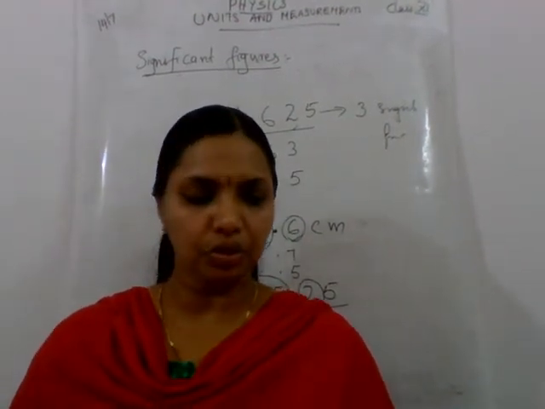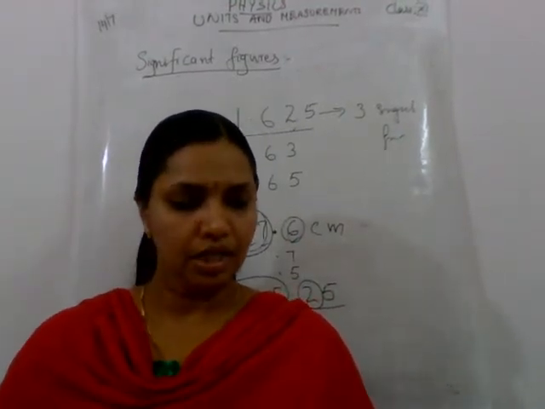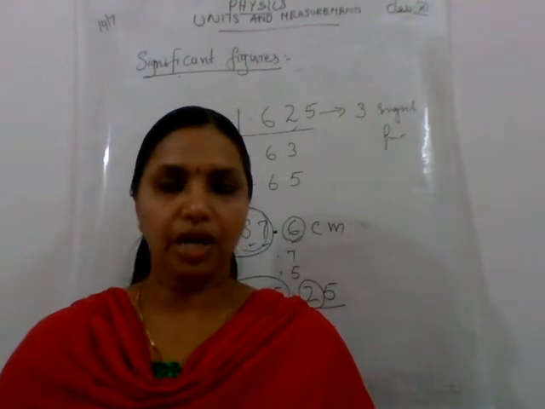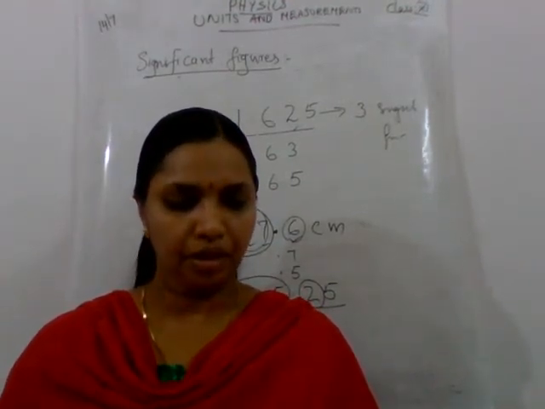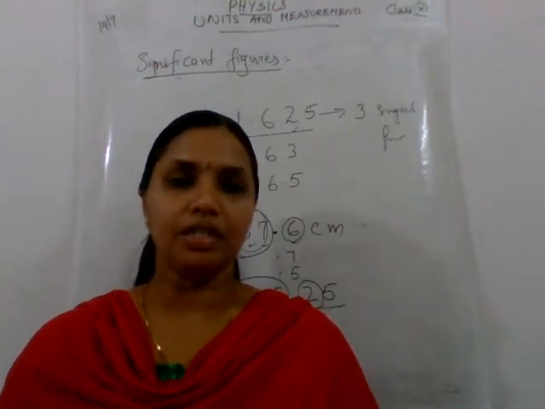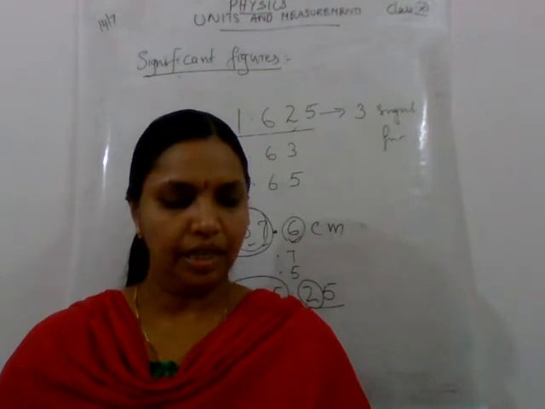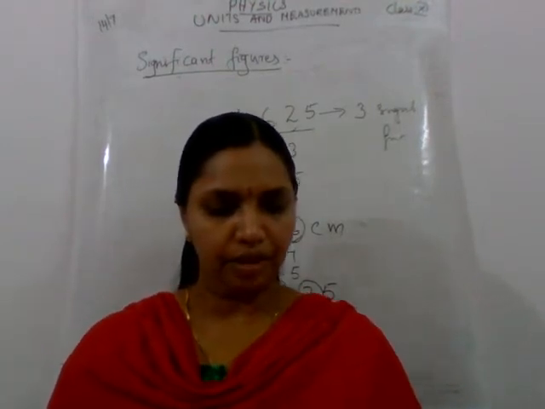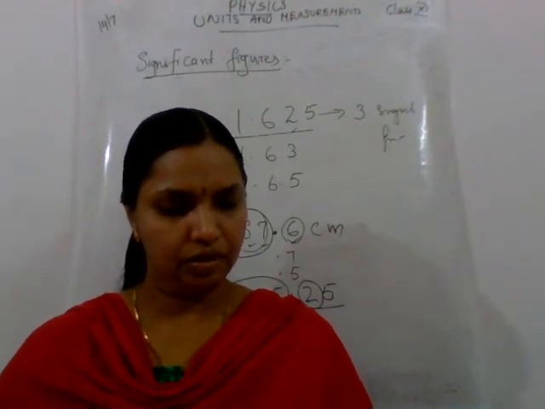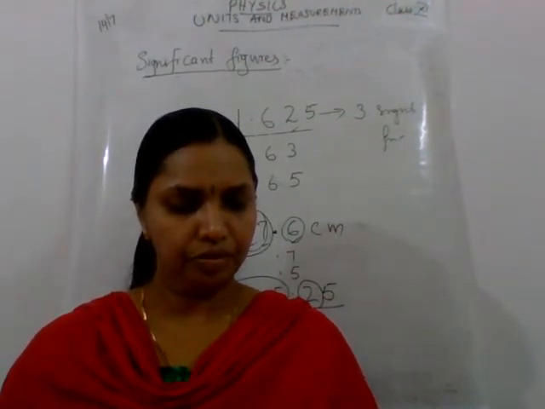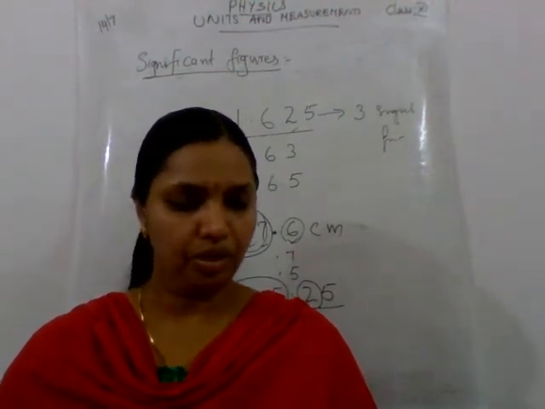So first you write down the rules. First one, write the question: state the rules for counting the number of significant figures in a measured quantity. Write down the first rule.